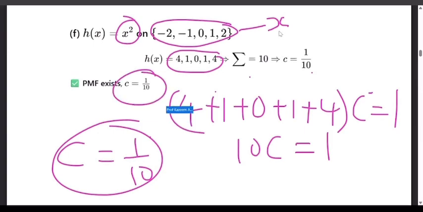So that was why I got 1 over 10, which means the probability mass function is going to exist when c equals 1 over 10 based on this transformation. Okay, so that's how we do that.